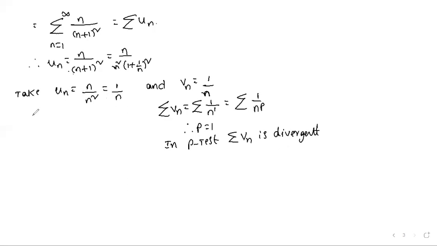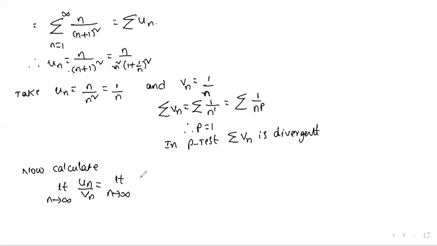Okay. Take un is equal to 1 by n square. Now calculate limit n tends to infinity un by vn. So now I want to apply the limit comparison test again for this series.